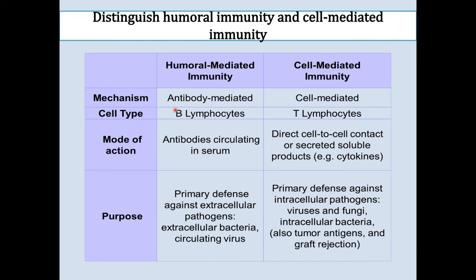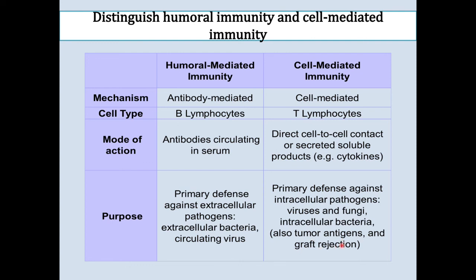The purpose of humoral is primary defense against extracellular pathogens, extracellular bacteria and circulating virus, whereas cell-mediated immunity is the primary defense against intracellular pathogens, virus, fungi and intracellular bacteria, also tumor antigens and graft rejection.